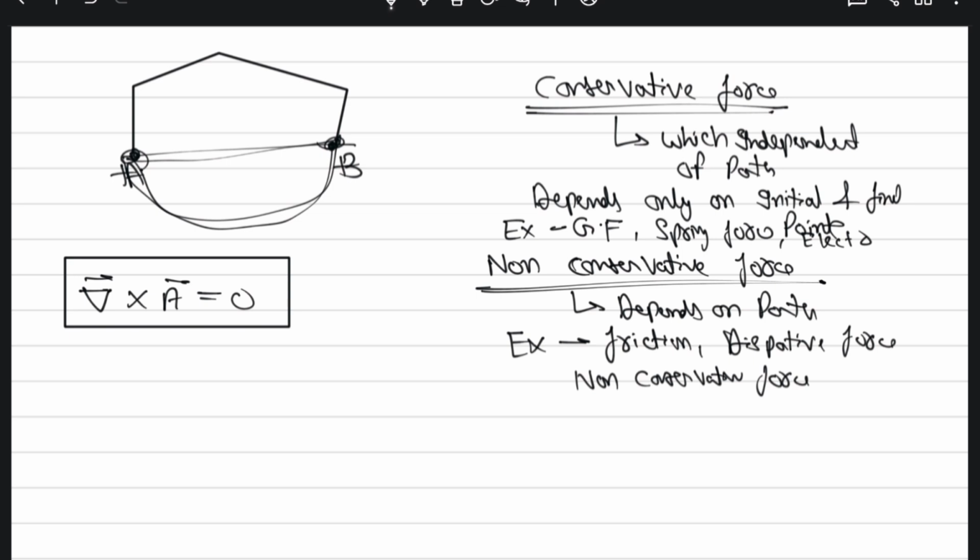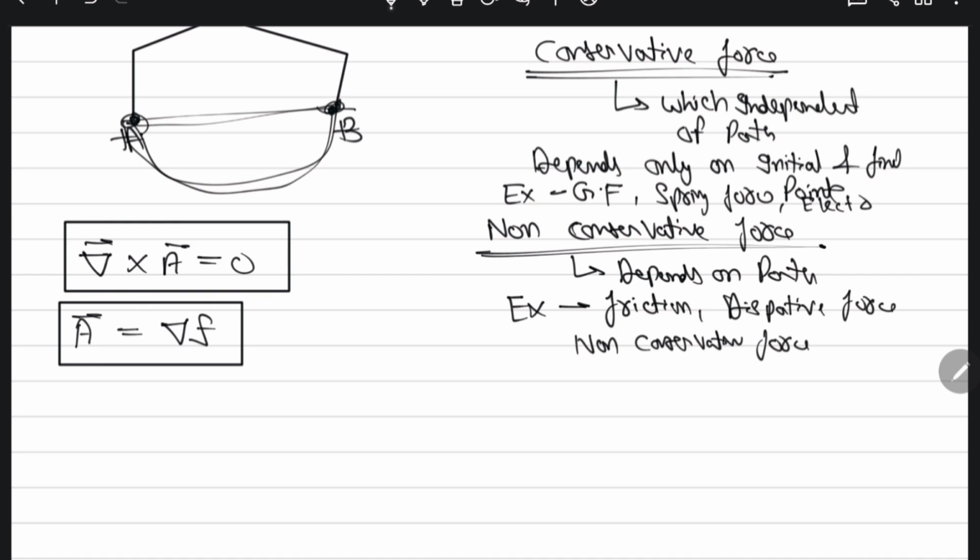If the force is conservative and the curl comes out to be zero, then we can define that vector in terms of a scalar potential. So can I define this E vector in terms of some scalar potential? This is our basic mathematics.